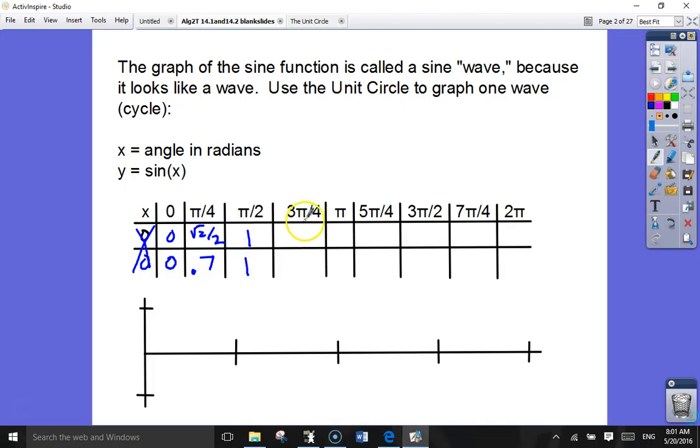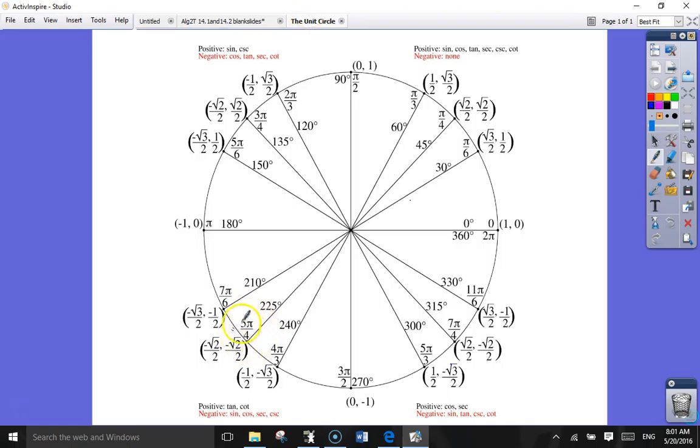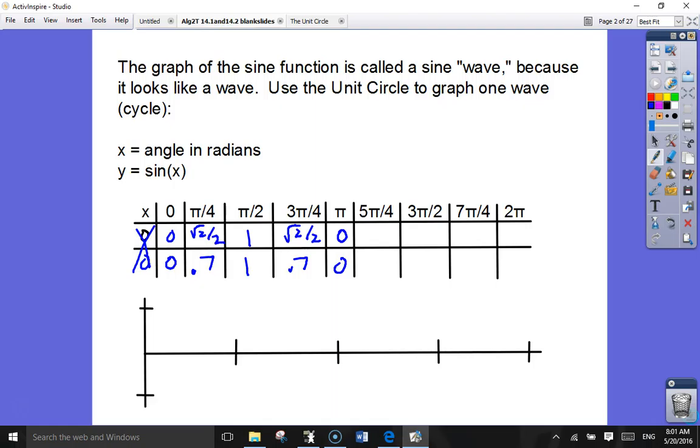At 3 pi over 4, the sine is root 2 over 2, again about 0.7. At pi, the sine is 0. At 5 pi over 4, right now we're going down here, the sine is negative root 2 over 2, which is negative 0.7.